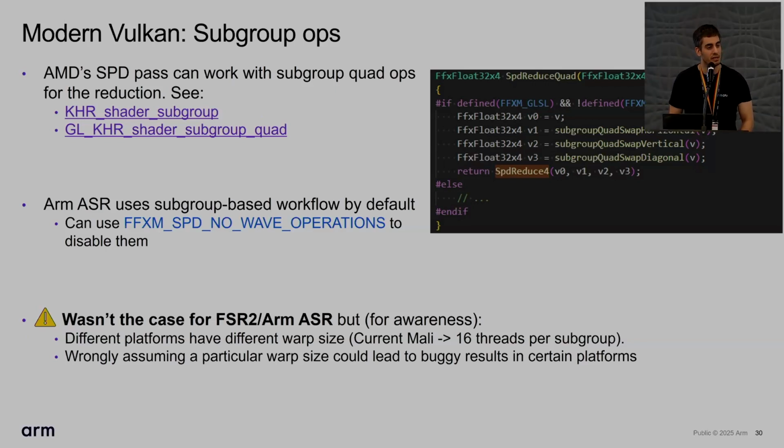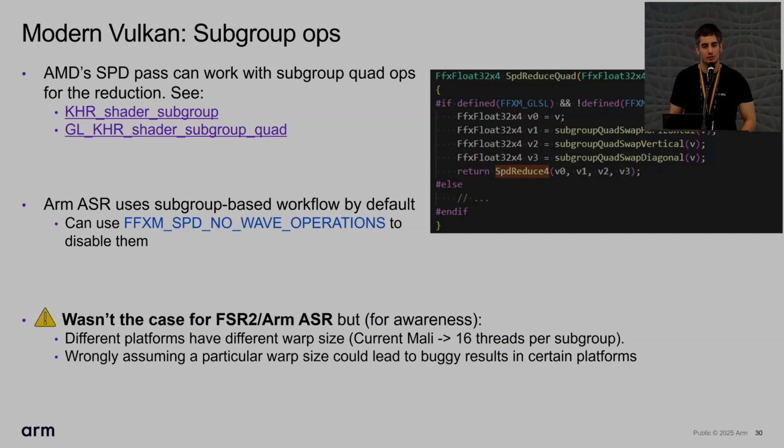The compute luminance pass at the beginning of the algorithm, which is used later for some heuristics, uses this as well. But if you are targeting older devices that might not have support for this, you can use that macro for disabling the use of these operations. It will still work, it will still be efficient, but the optimal path will be using these operations.